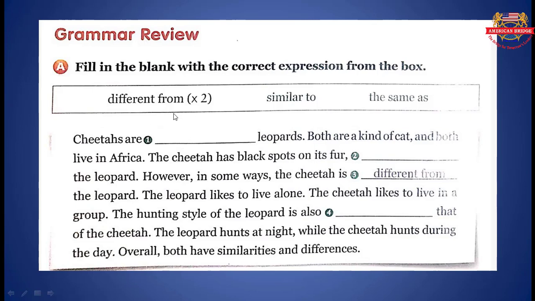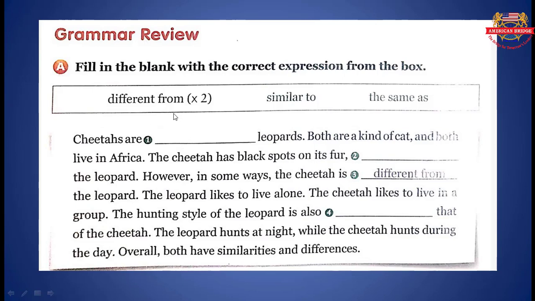Overall, both have similarities and differences. Okay, so this is just a short comparison between cheetahs and leopards. So now you have to use the words different from, similar to, and the same as to fill in the blanks. So are you ready, everyone?